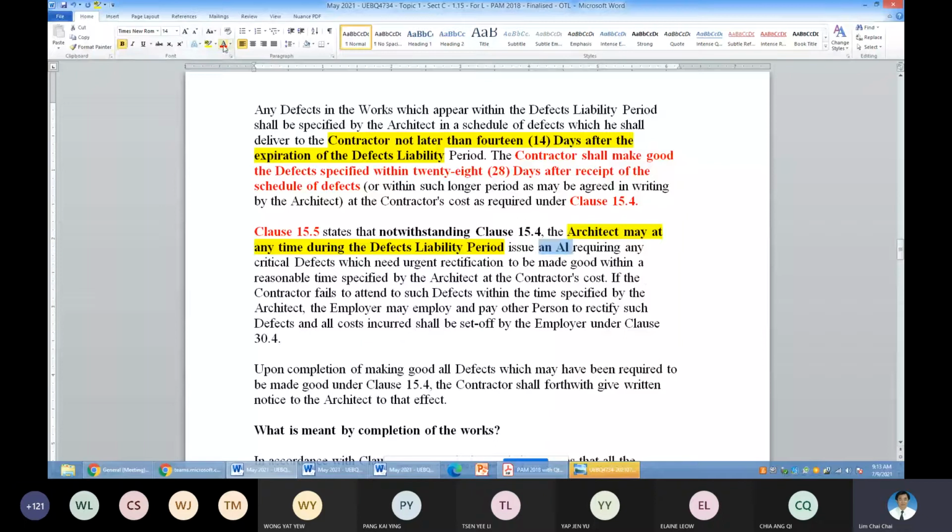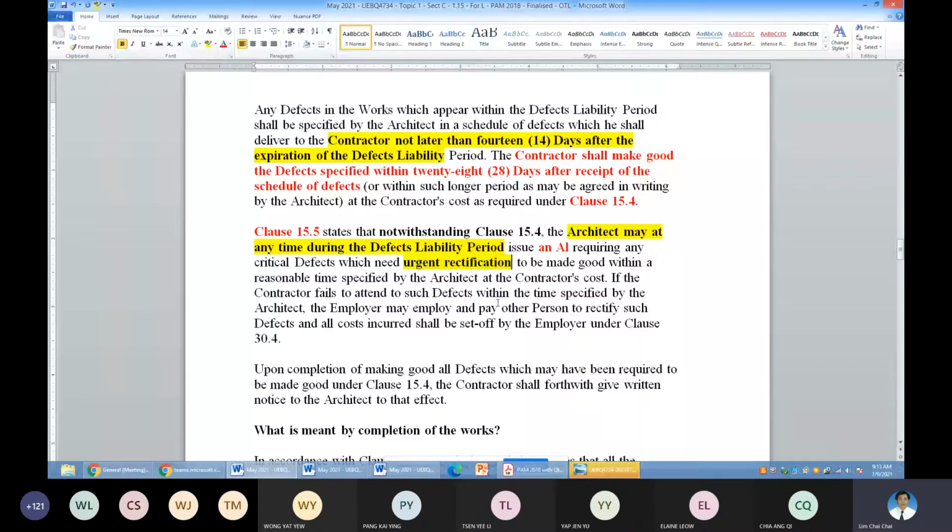Okay. So there are a few types of defects. Number one, it could be an urgent rectification. Usually for urgent rectification, you need to get it done as quickly as possible. No more waiting 28 days.